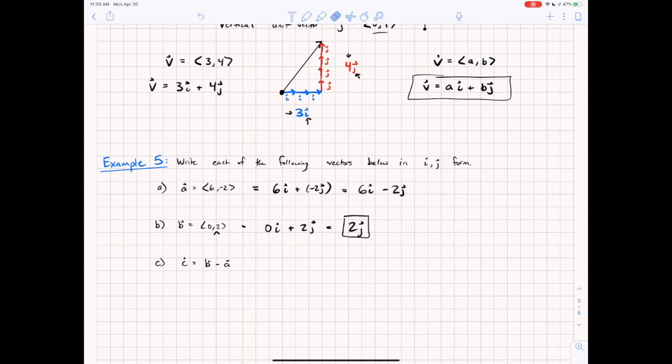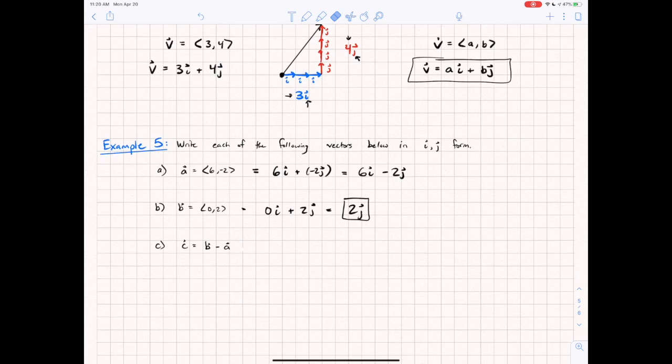All right, now if I wanted to do a vector C, which is B minus A, this is going to introduce the next topic, which is -2, 0 minus 0, 2. If I was subtracting these two vectors in terms of their components, intuitively you would imagine that it would just be their x's and their y's subtracting.